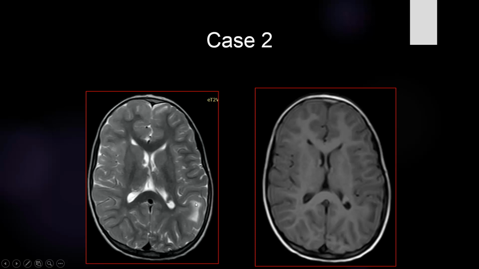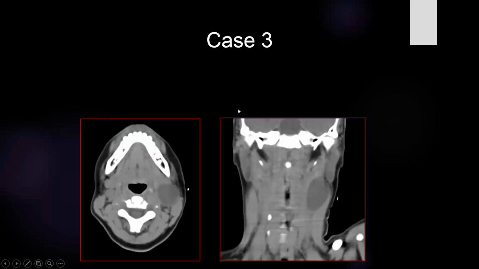We can also see some nodules or areas of abnormal signal in subcortical locations here and here. These subcortical nodules have a characteristic widening or flattening of the overlying cortical sulci. This is also characteristic of subcortical tuberous sclerosis nodules. So these are typical features of subependymal and subcortical nodules of tuberous sclerosis.